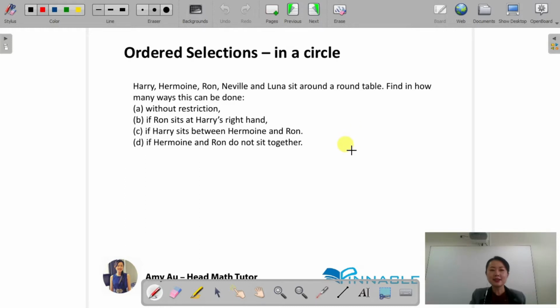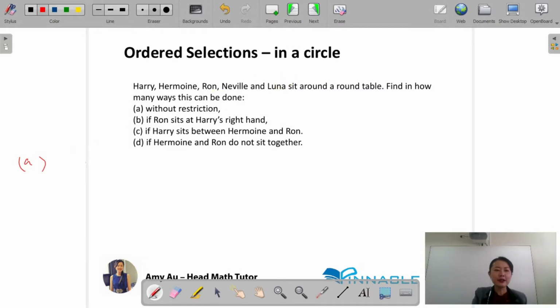Alright, in this one, let's have a look at an arrangement in a circle with some restrictions. We have Harry, Hermione, Ron, Neville, Luna sitting at a round table. A bit of a Harry Potter crew here. Without restrictions, we've got 5 people in a circle.